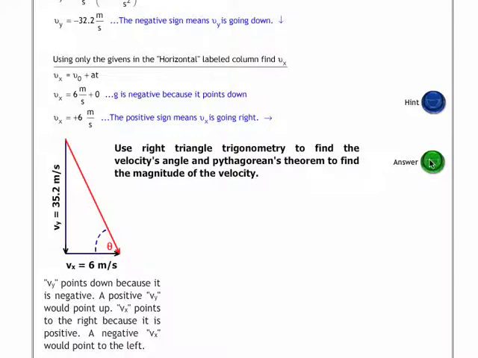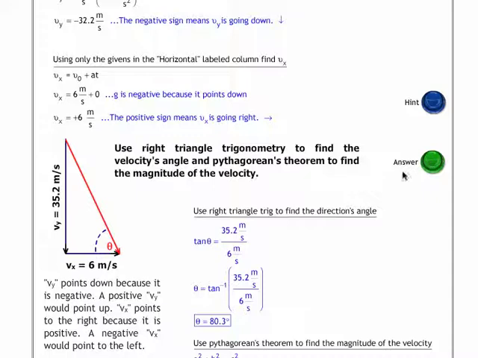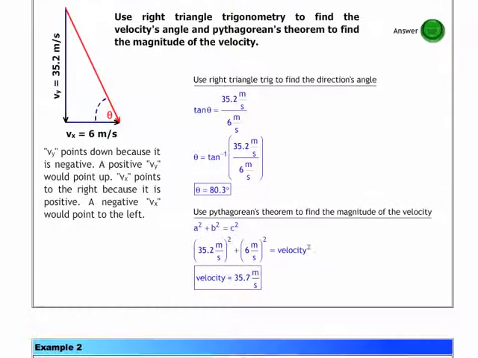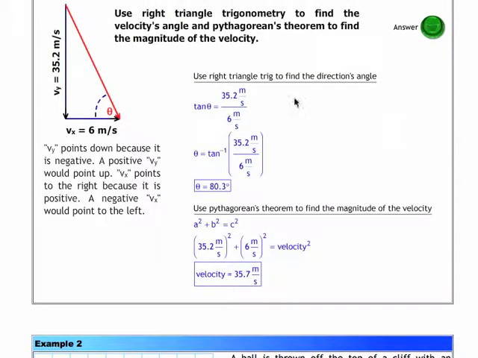At this point, I'm going to use trig and geometry. So let me slide this up a little bit. There we go. I'll use trig to find the angle. Tangent theta is equal to the opposite over the adjacent, so that's going to be 35.2 divided by 6. When I put in the math, I get 80.3 degrees.